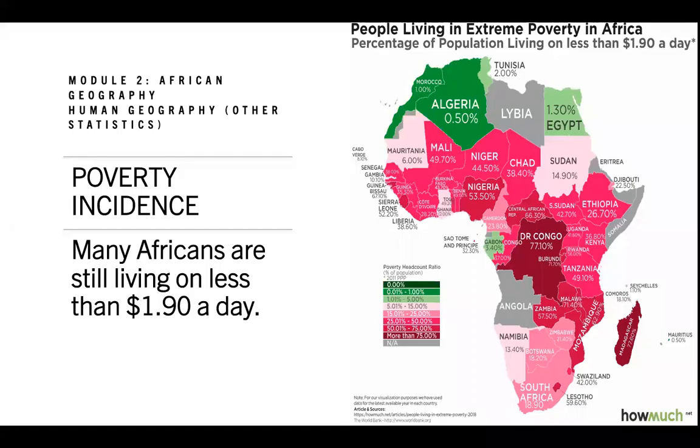Okay, now in terms of poverty incidence, many Africans are still living on less than $1.90 per day. And sadly, many of these countries are dito sa central portion. And as it gets maroon, the more na mas mataas yung incidence of poverty. So napakaming factors explaining why this is a phenomenon.